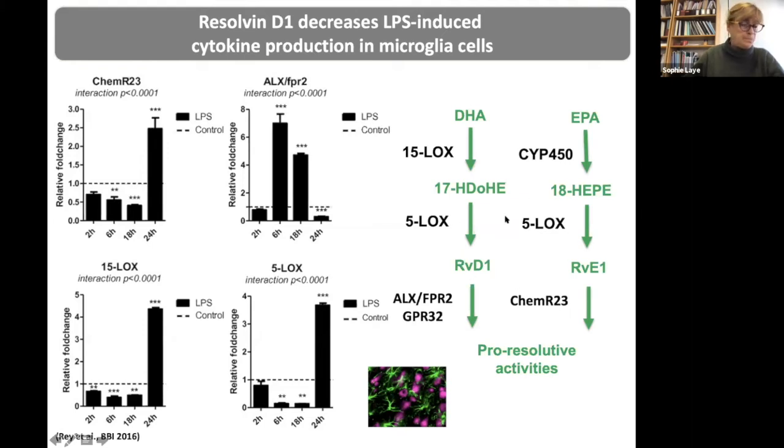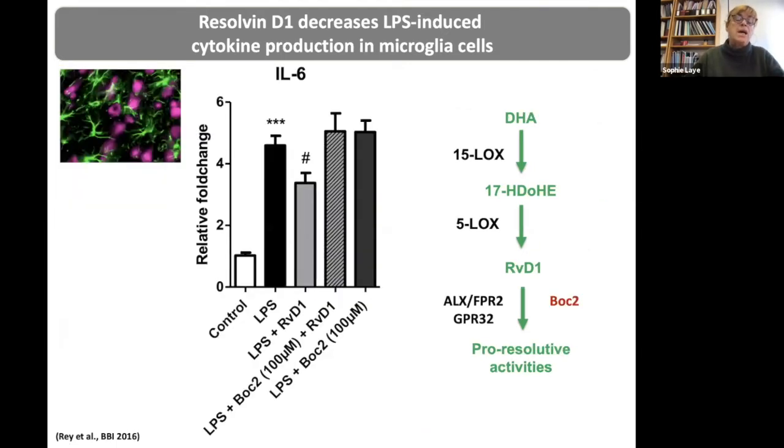So actually, the receptors for those compounds were highly expressed after a treatment with LPS, so inflammation, and the LOX and COX pathways that are involved in the production of those anti-inflammatory resolving mediators coming from DHA and EPA were also increased, suggesting that microglia could be targeted directly and produce their own oxylipins. And when we treat the microglia cells with LPS, there is an increase in the production of pro-inflammatory cytokine, here IL-6.